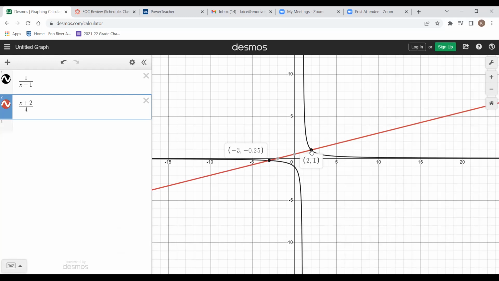So if you solve that problem, the positive answer that you get is 2.